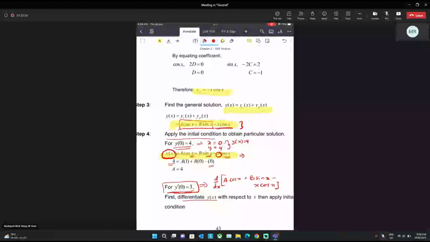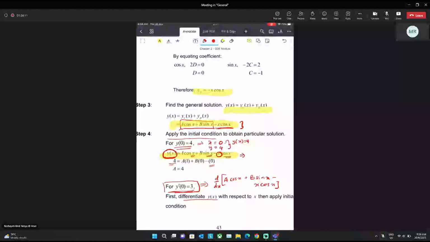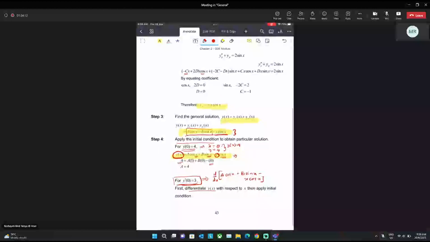You need to differentiate this first. Ada tak differentiate dia punya differentiation? So differentiate this.